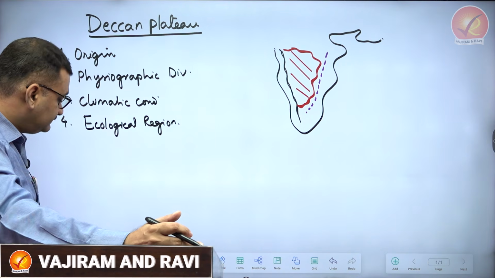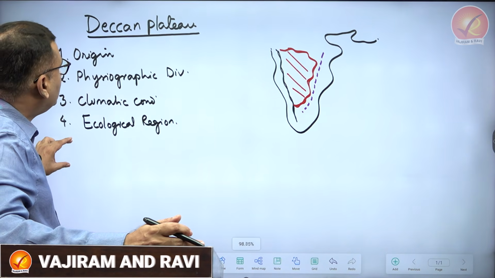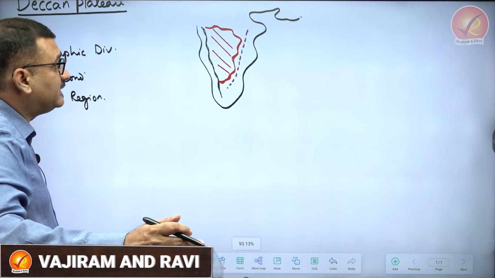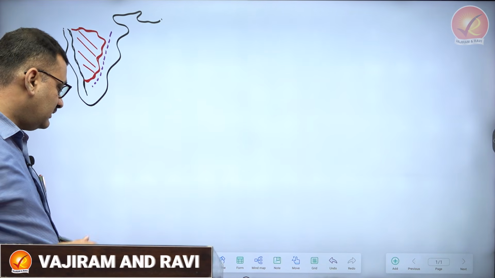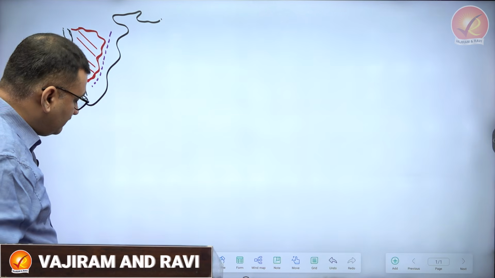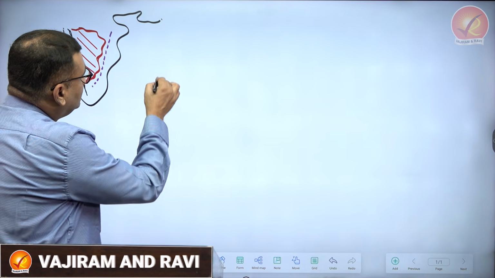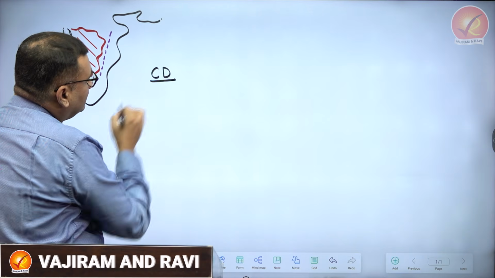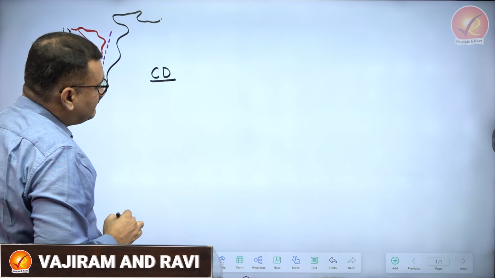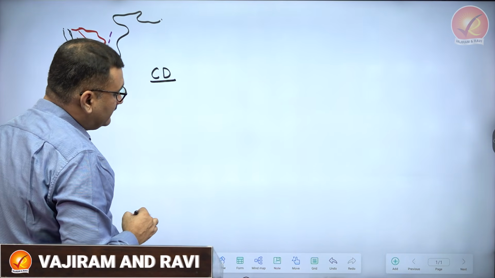Now, let us begin with how this plateau has come into existence. How is the Deccan Plateau formed? For this, we will be looking at the theory of continental drift. As you are aware, in continental drift there was formation of the Indian landmass.